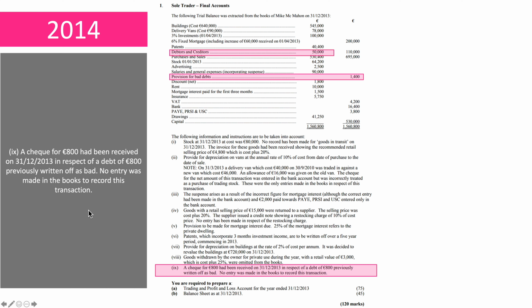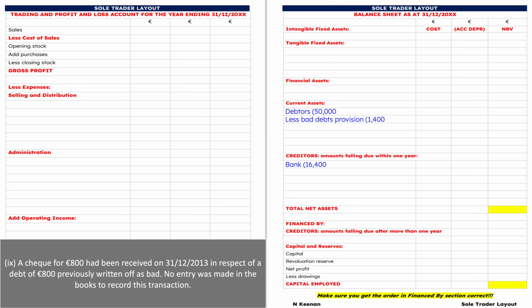Okay, so it was in respect of a debt of €800 previously written off as bad. So somebody is giving us a debt back. Okay, so somebody, a debtor that didn't pay us, right? Their account was reduced by 800 and the bad debts written off was increased by 800, but now they're paying us, but they paid us into the bank.